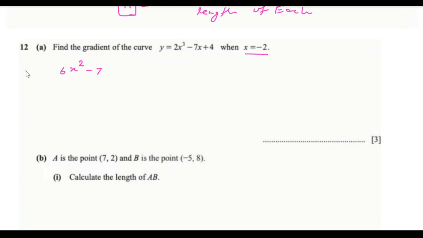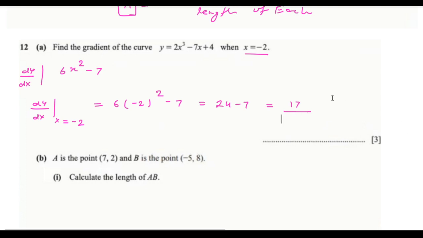This is my gradient, dy by dx. Now I want this gradient at x equals -2. So dy by dx at x equals -2 will be 6 times (-2) squared minus 7, which is 24 minus 7. So 24 minus 7 is 17. Okay, so the gradient is 17.